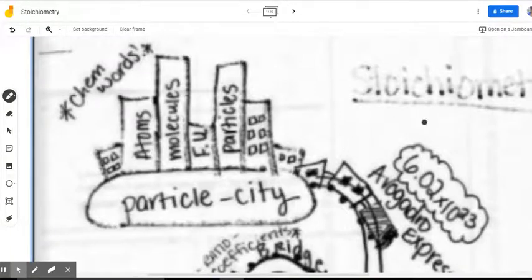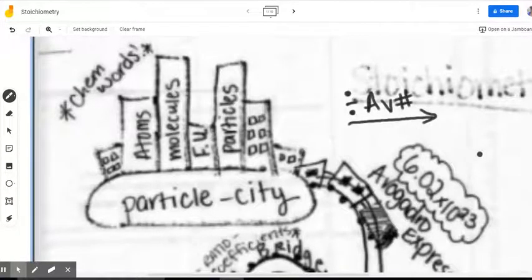With this Avogadro's Express, we also saw that when we were traveling away from particle city, we knew that we had particles on top, particles on bottom. So we had to divide by Avogadro's number.